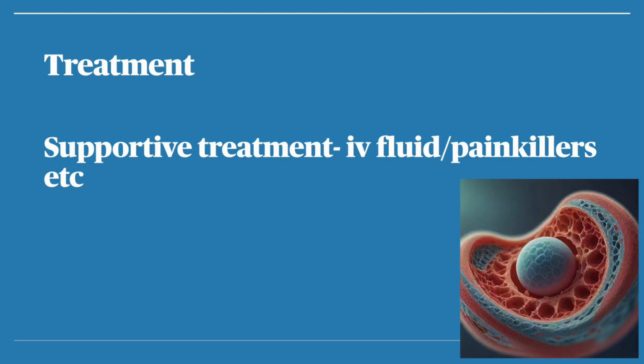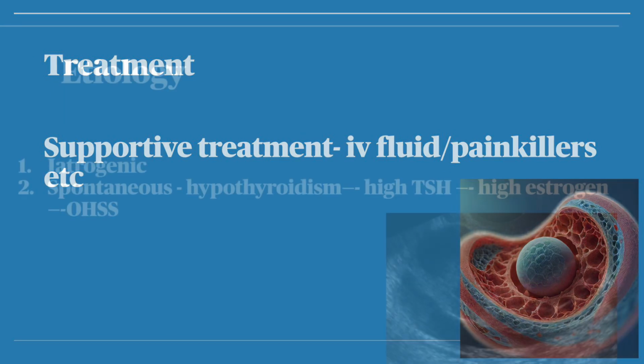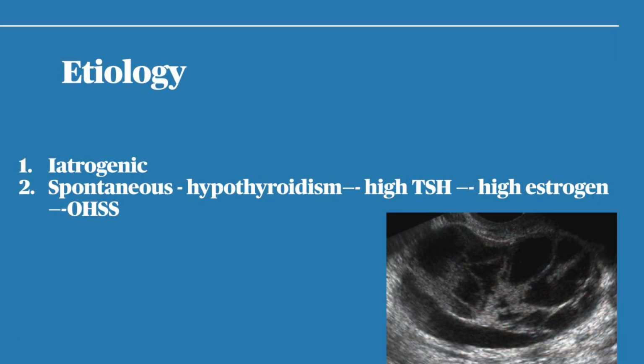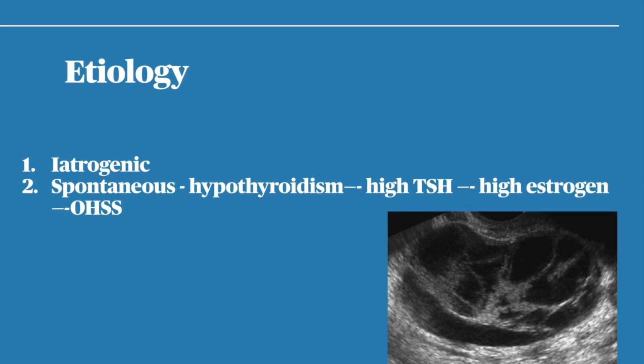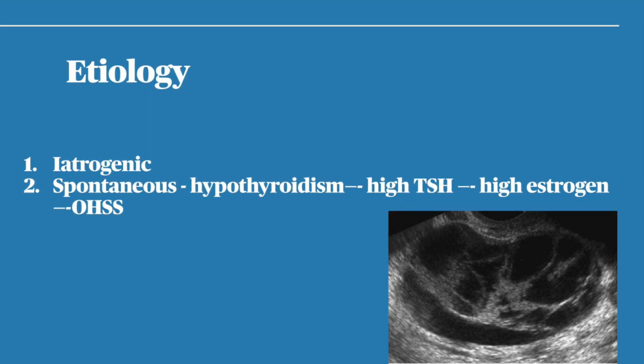Now, this is all about OHSS. But there is another catch in this. In rarest of rare cases, OHSS can occur spontaneously. That is, without a history of LH injections, without the patient undergoing IVF. So who is at risk of spontaneous OHSS?